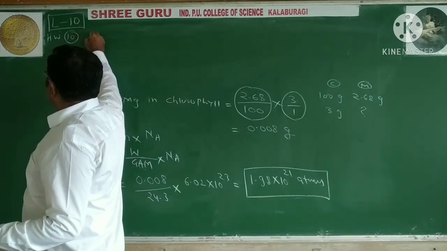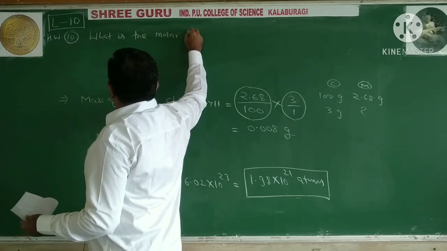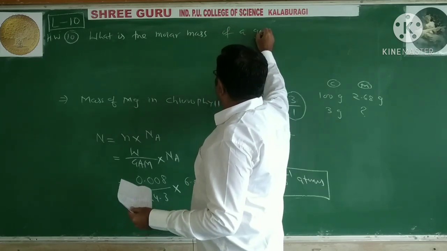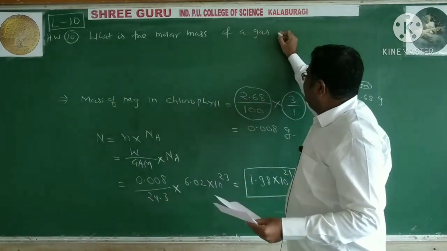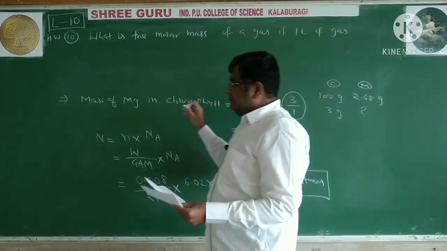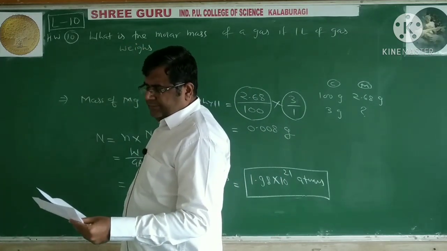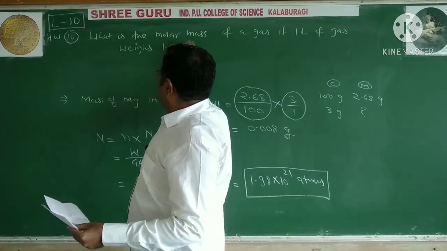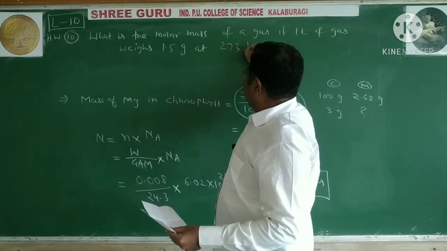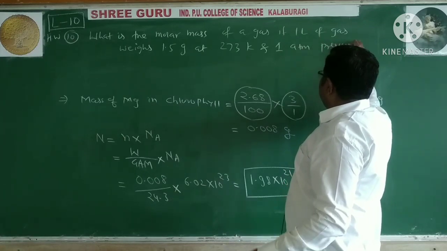What is the molar mass of a gas if 1 liter of gas weighs 1.5 gram at 273 K and 1 atmospheric pressure, means NTP.